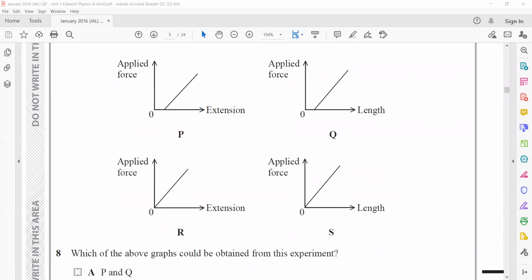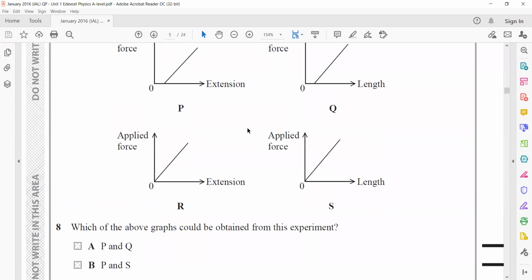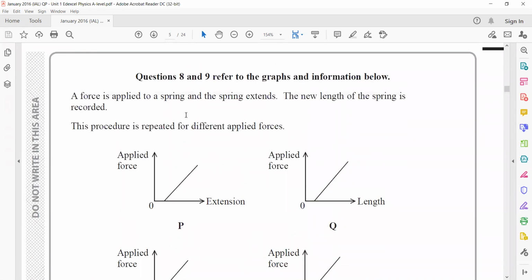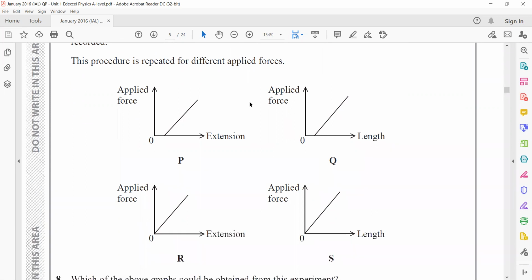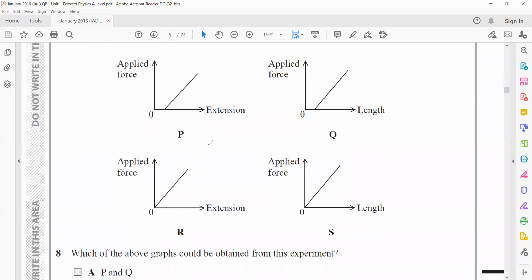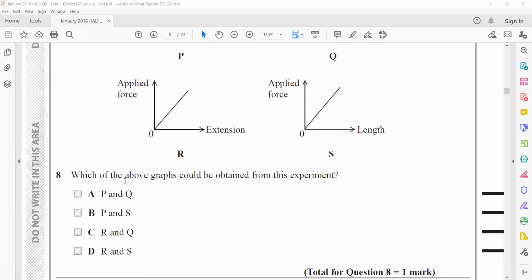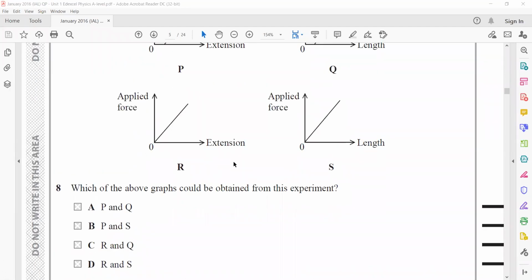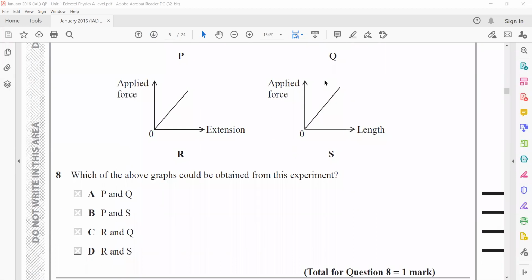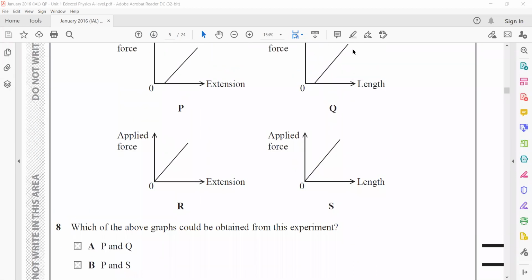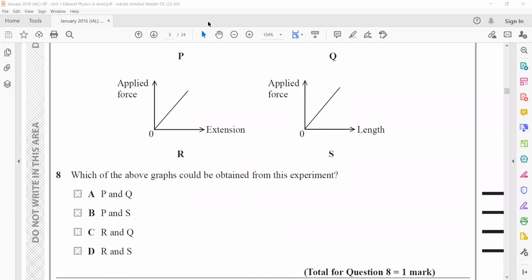For Hooke's law, force and extension are directly proportional. Originally it will start with a certain length and then it will stretch, and the extension starts with 0 and increases proportionally. So C is the right answer.